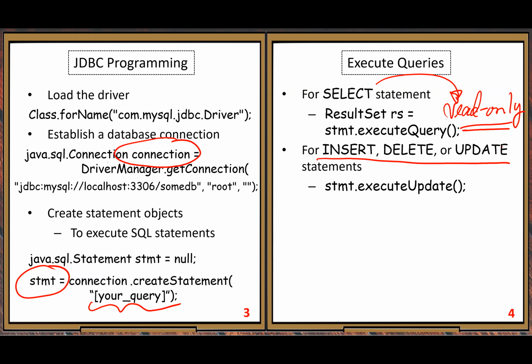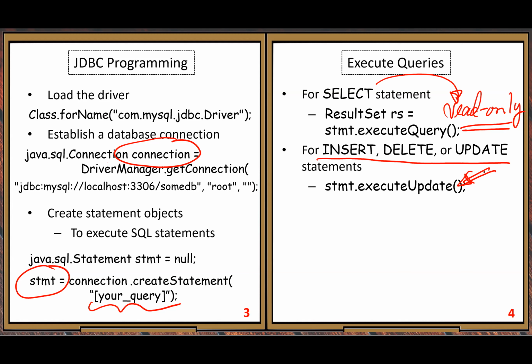In the data change type, you run this command, statement.executeUpdate. And you do not need to process the returned result. Although in the Java method, if you look at the API documentation, you can see it returns some integer value that tells you some information.